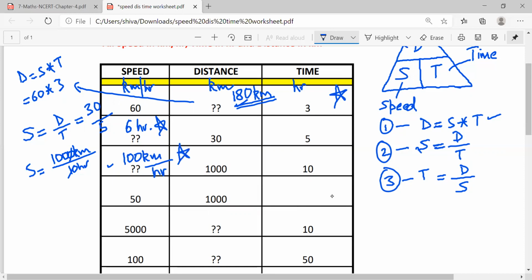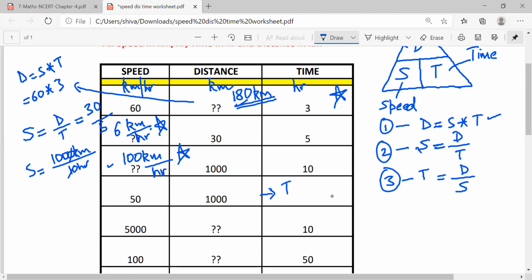Okay, I think I made a mistake in writing the units here. Let me correct that. Because it is speed, I should write 6 kilometer per hour. Okay. And what would be the time here, Sarthak? 50,000 hours. Okay.